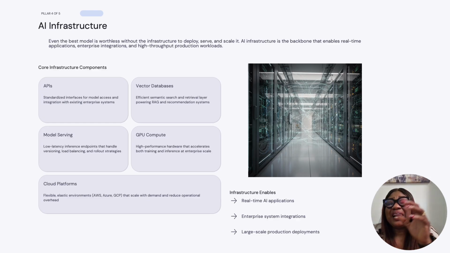Infrastructure is what allows AI to move from research experiments into real products used by millions of people. So we can now say that infrastructure is the underlying layer that allows AI to be used or to serve millions of people.